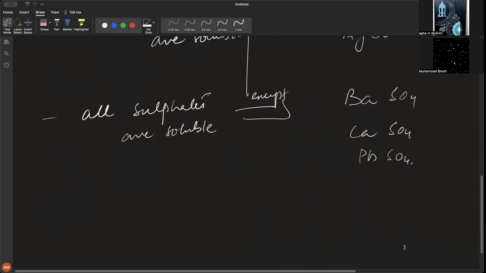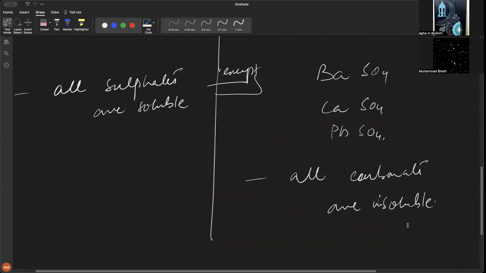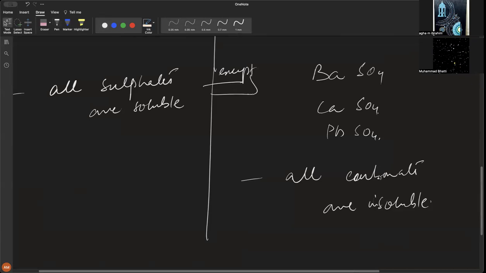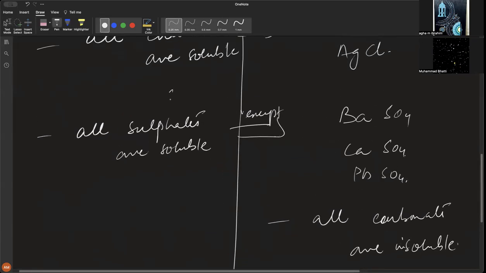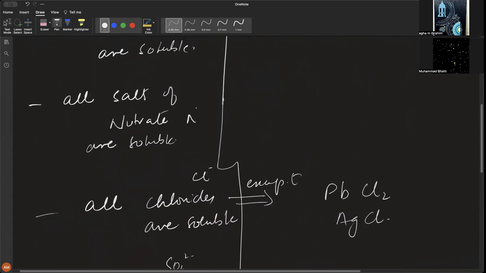And then we say all carbonates are insoluble. All carbonates are insoluble. The sulfates are going to have this with them, right? Chlorides are going to have this with them. Nitrates are going to have this with them, right? Do you get it?